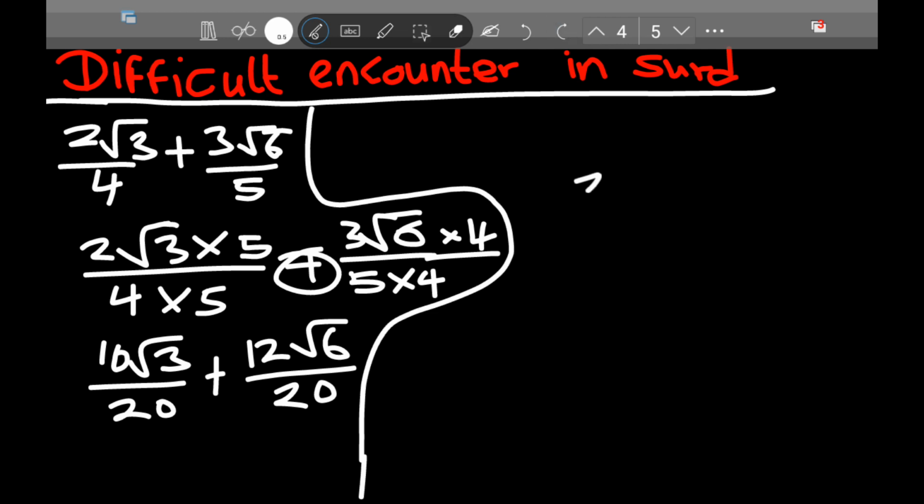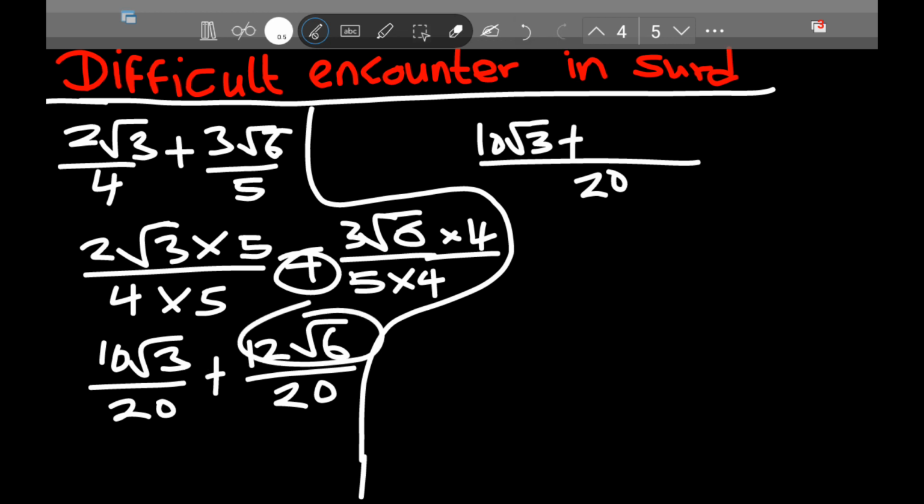So we write 20 over 10 root 3 plus sign, that plus sign, plus 12 root 6.